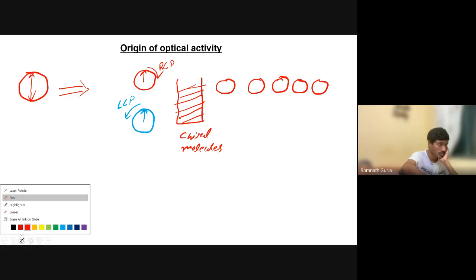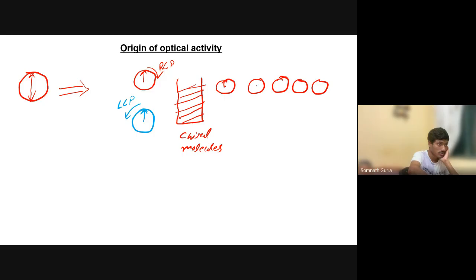Let's suppose the speed of light is different for each case, so the refractive index, the speed of light for L and R, are not equal. Then what will happen?